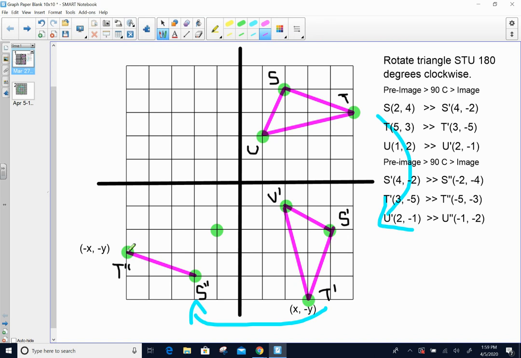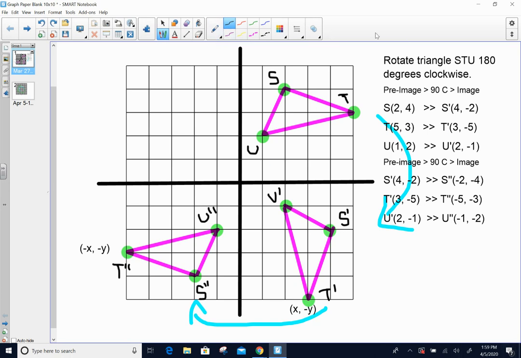I'll connect my last points here. And I want to label it as U. Ooh, that was a better U than my last one. Double prime. All right.